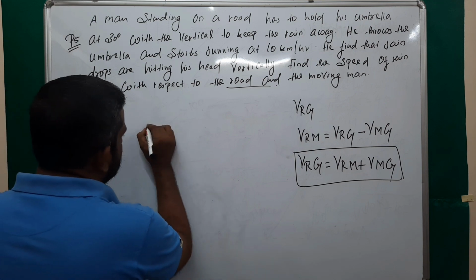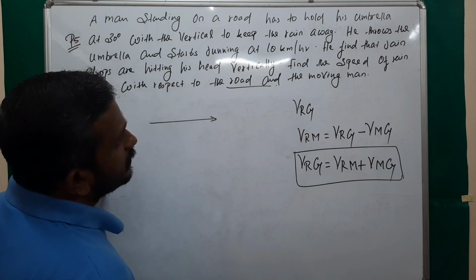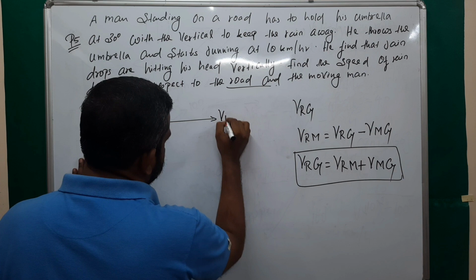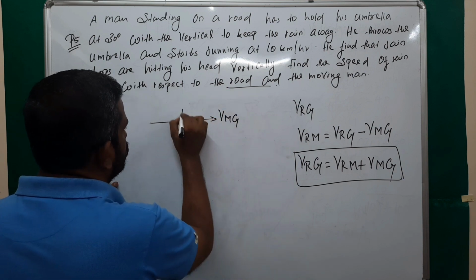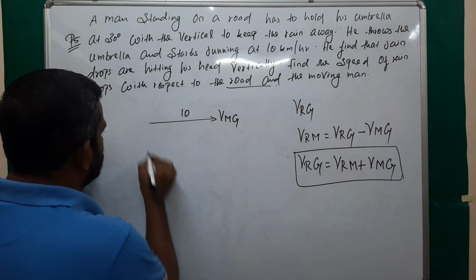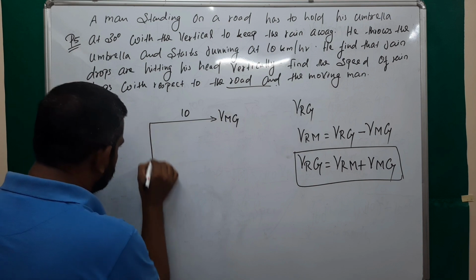The man is running in this direction, and that is the velocity of the man with respect to ground. The magnitude we know, that is 10 km per hour. For the moving man, the rain is falling vertically.